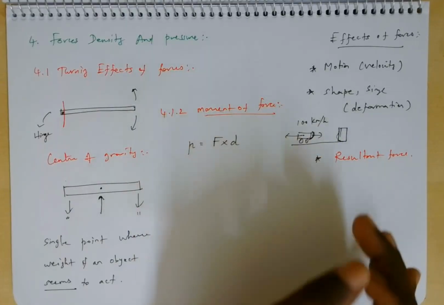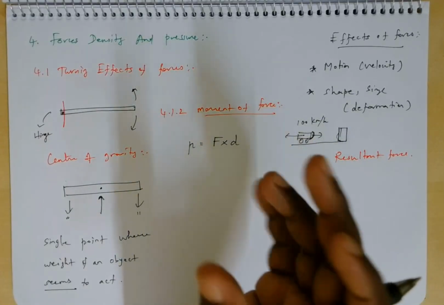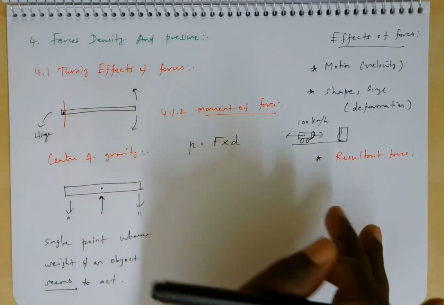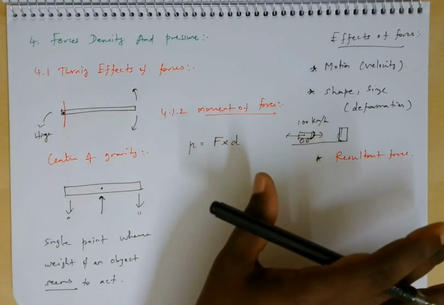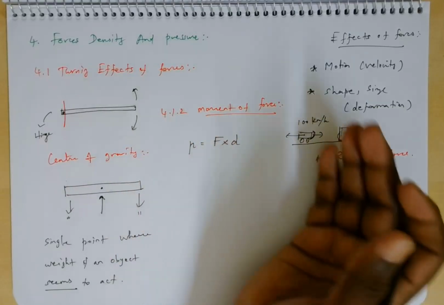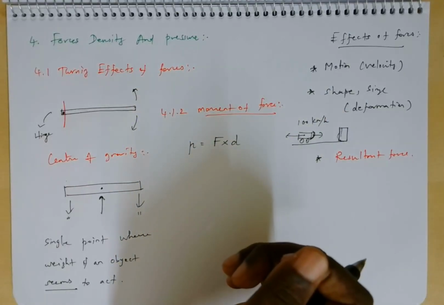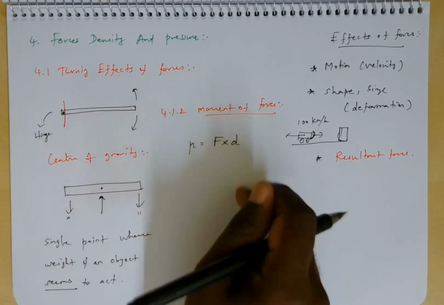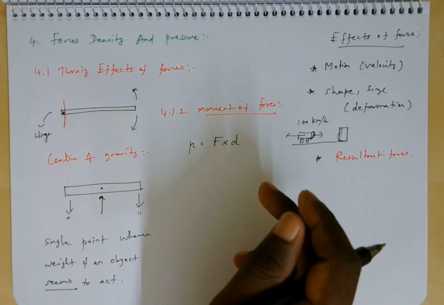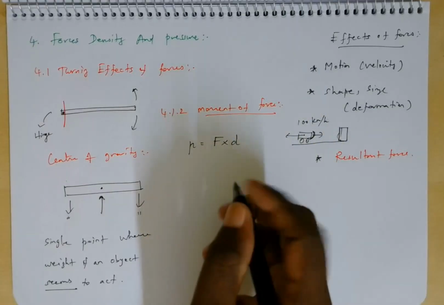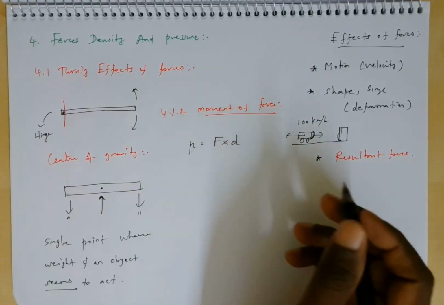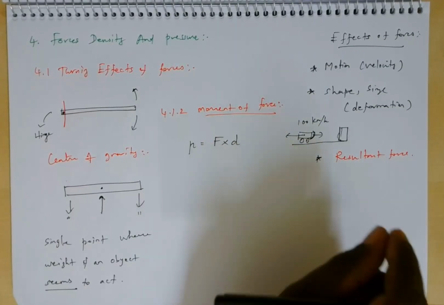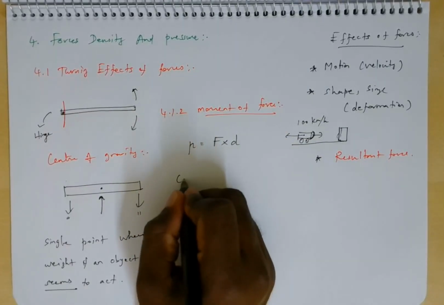Okay. So in rotational motion, some point is fixed. That point is not going to move. So the motion is confined to only either clockwise or anti-clockwise. So the effect due to this moment of force will be either clockwise or anti-clockwise. If you want an object not to move due to moment of force, or due to any force applied on a fixed object, then you should take care of this.